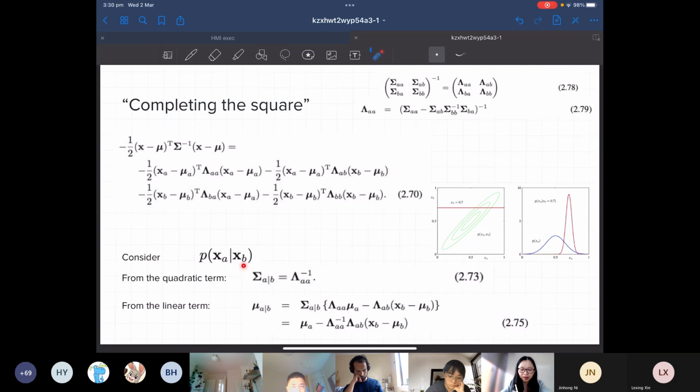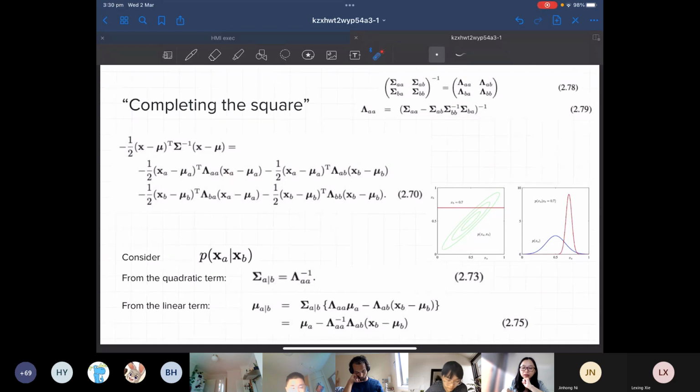So if we consider a given vector xb, we wonder what the probability of xa given xb is. We know it's a Gaussian. It's still a multidimensional Gaussian. So by staring at this long quadratic expression, what we could tell is there is only one quadratic term that involves xa.